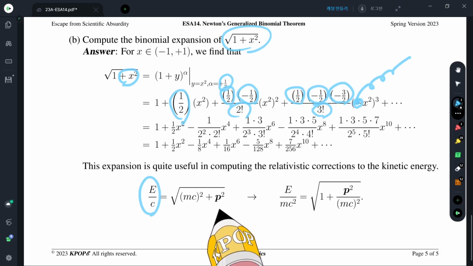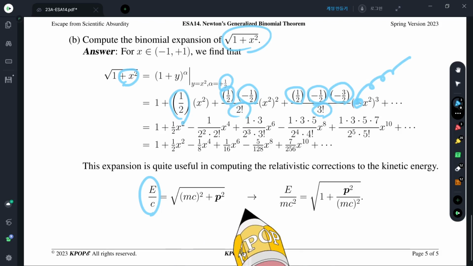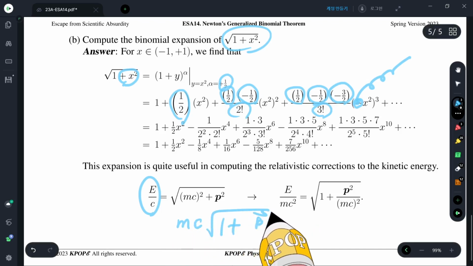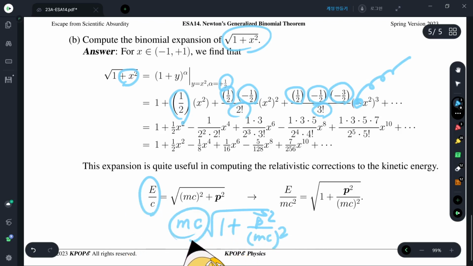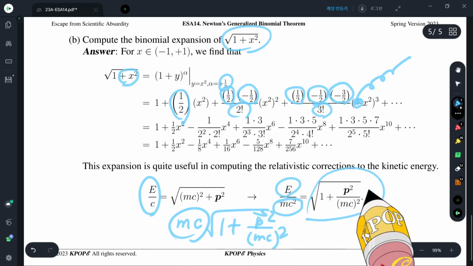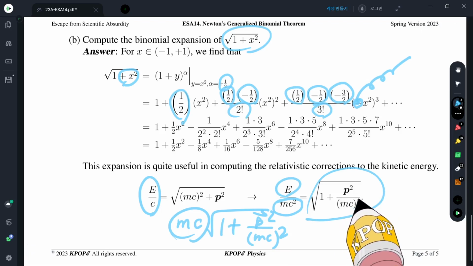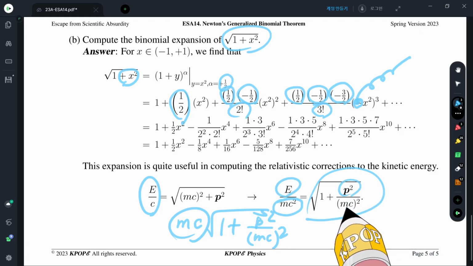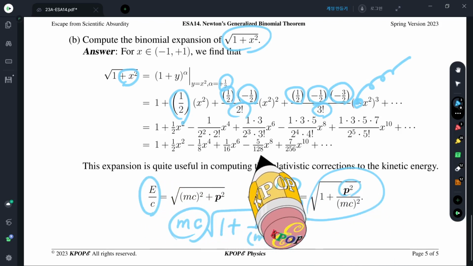If the particle is not moving very fast, much less than the speed of light, then we can pull this out, and this becomes mc squared times 1 plus p squared over mc squared, and both sides can be divided by mc squared, and the energy divided by the rest energy becomes this. When the momentum is much less than the speed of light multiplied by the rest mass of the particle, then we can make use of this expansion.